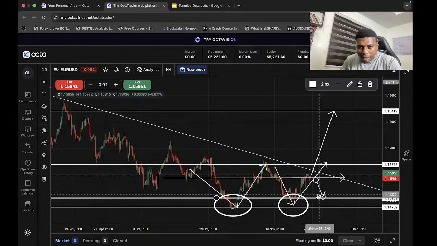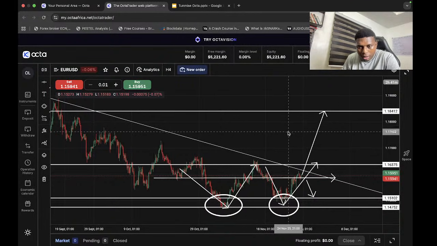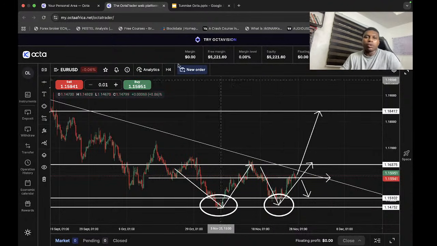Okay, our sell stop should be around 1.5102. All right, good.